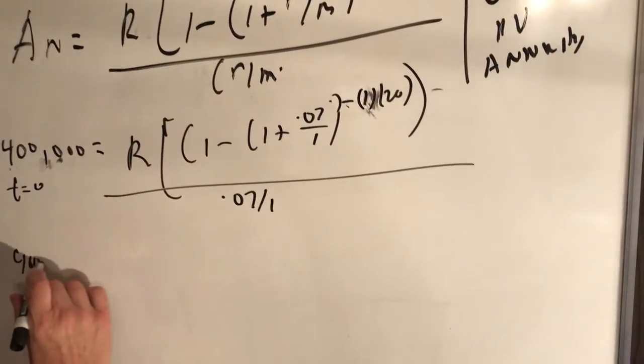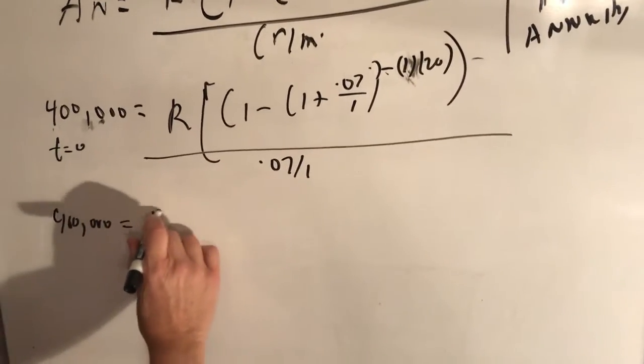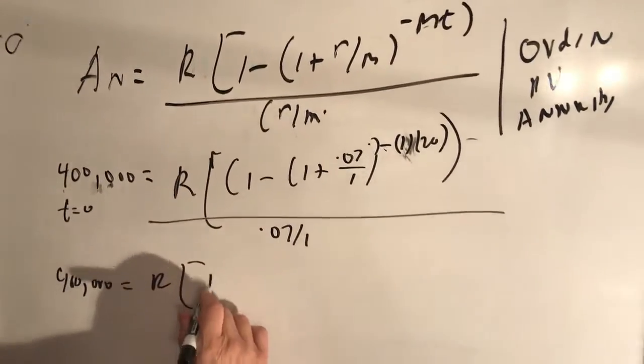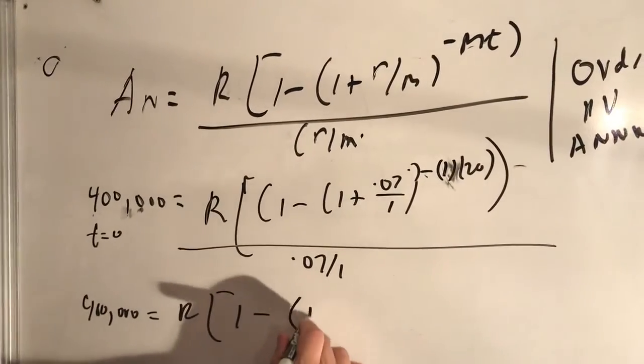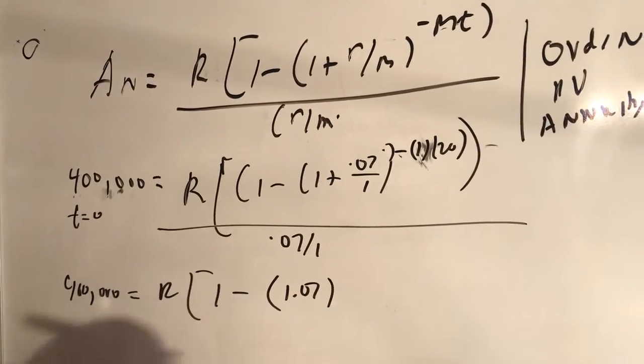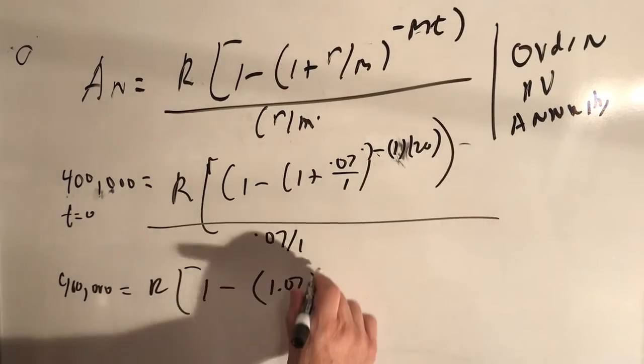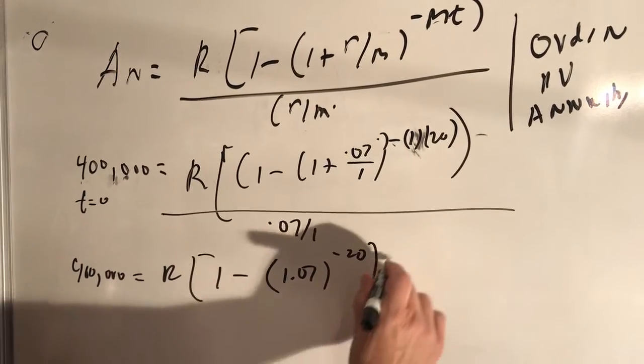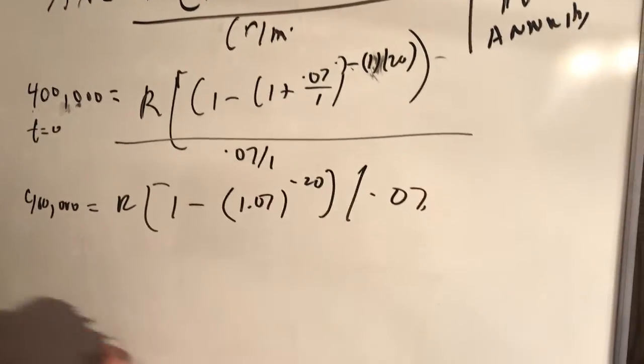So we have 400,000 equals R times, don't forget that, 1 minus 1.07 to the minus 20, divided by 0.07.